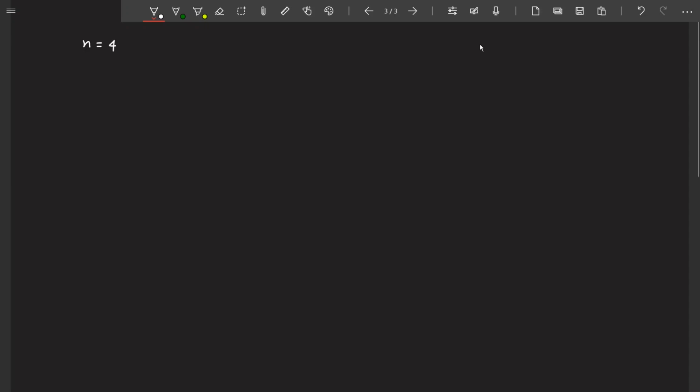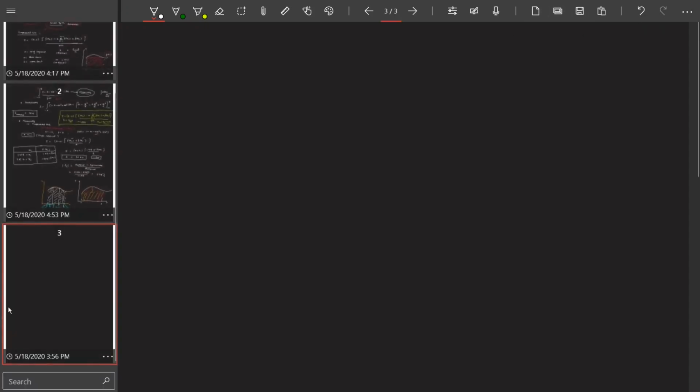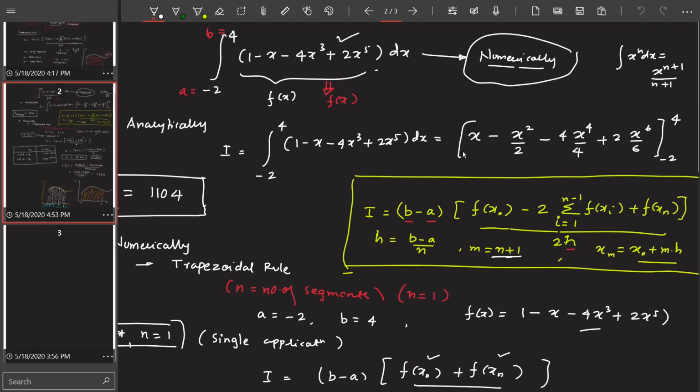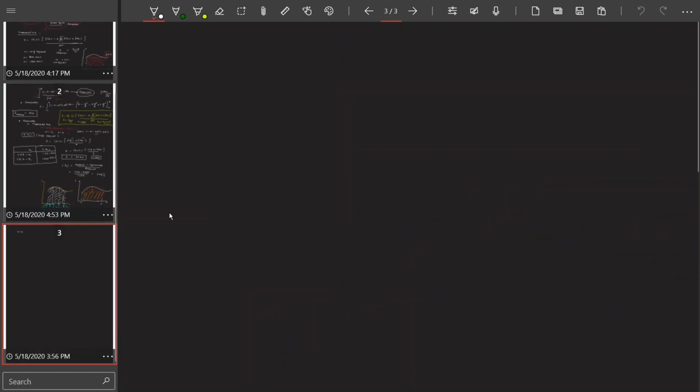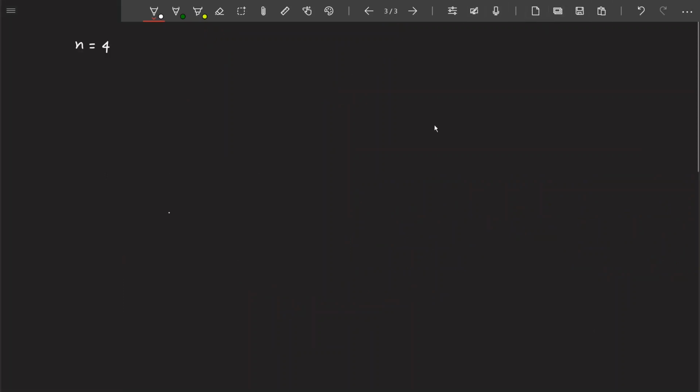Again, if you want, you can see from the previous what the formula of the Trapezoidal rule is: b minus a of x0. Let us apply that formula for n equal to 4.